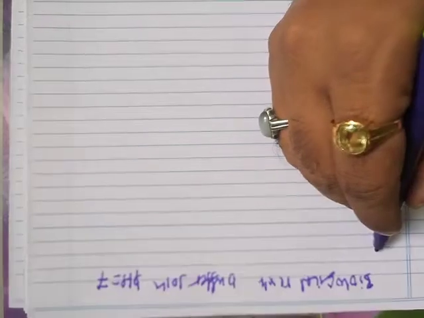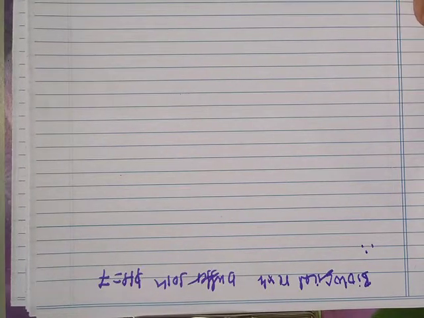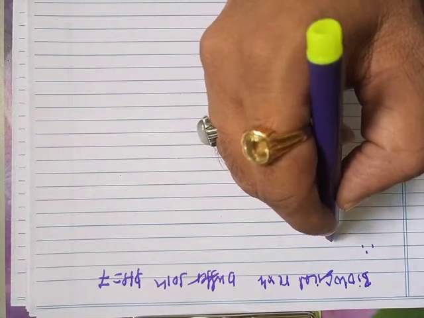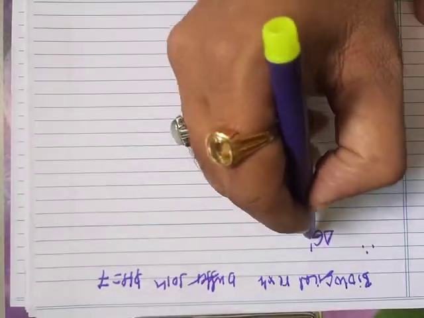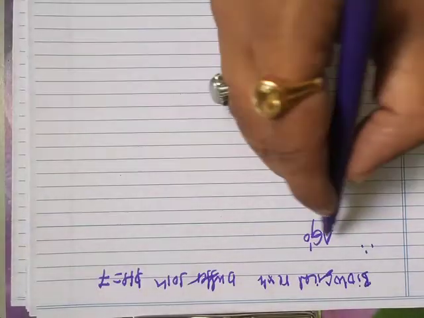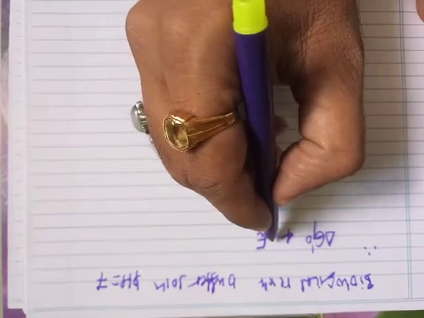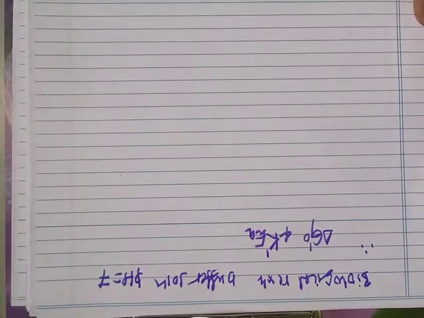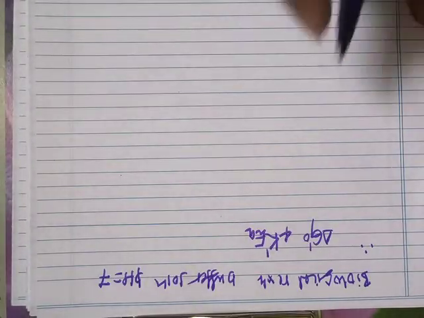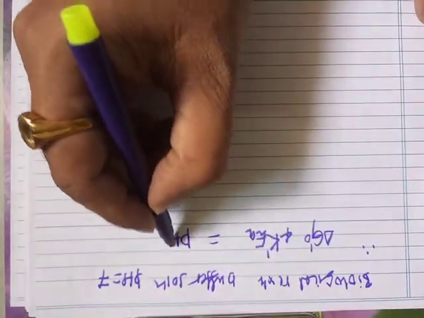Therefore biochemists define a slightly different standard state. For biochemical reactions, the standard free energy change is given by delta G naught dash, and the equilibrium constant is given by Keq dash, which corresponds to the pH equal to 7.